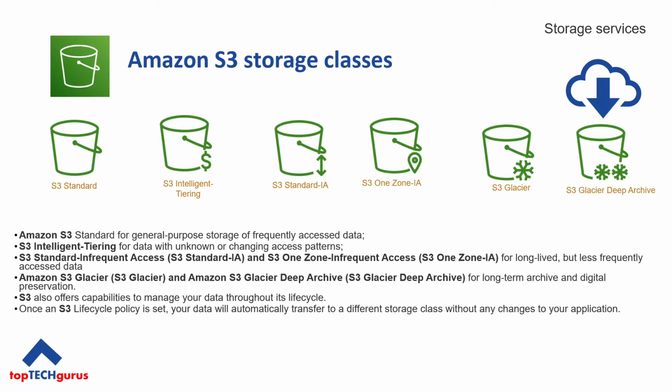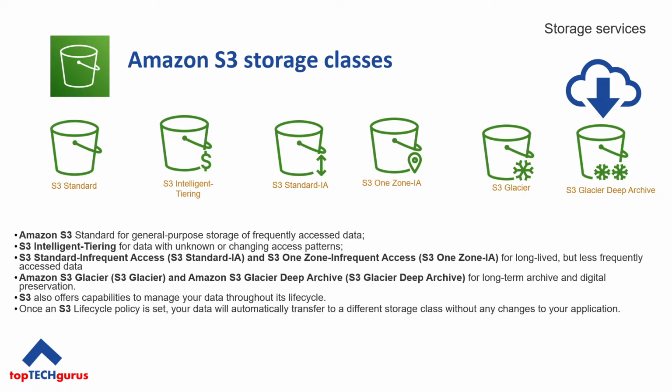S3 Standard-Infrequent Access is in between S3 Glacier and S3 Standard. Those are long-lived files, files that you have for a long time but don't frequently use, so people don't retrieve them on a daily basis. Those you move into One Zone-Infrequent Access. Here, one zone means that it is stored only in one zone. It does not have a copy across availability zones.